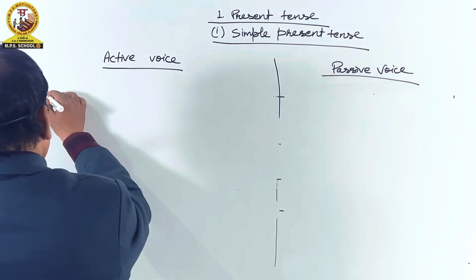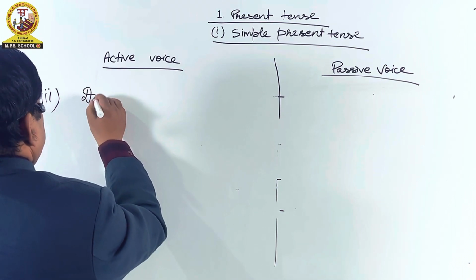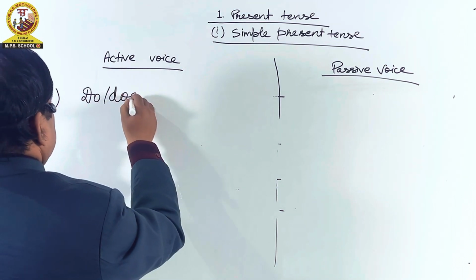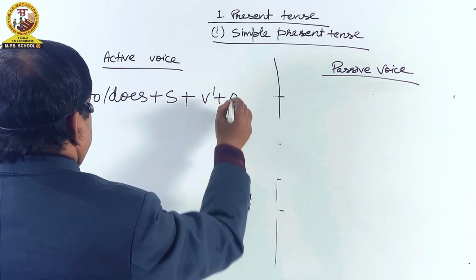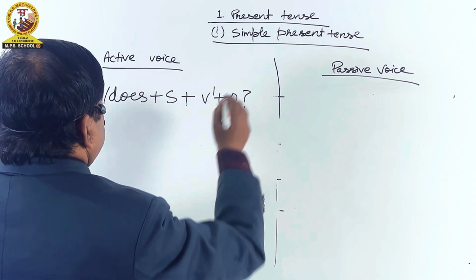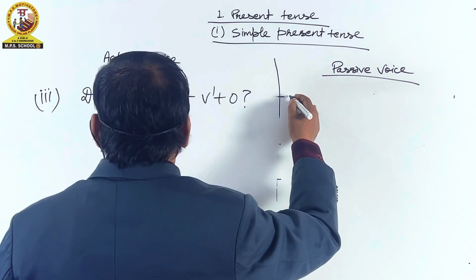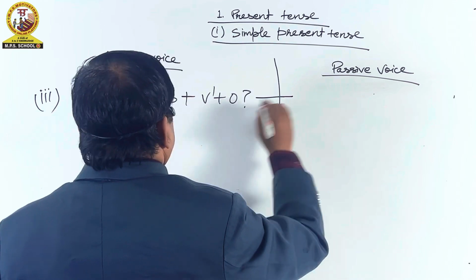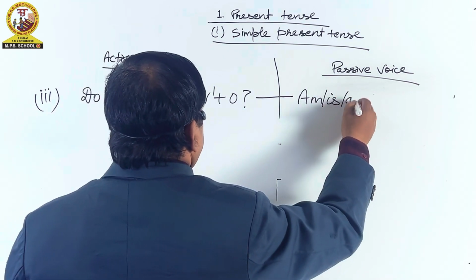The third structure formula in active voice is do/does plus subject plus v1 plus object, question mark. In passive voice we will use am/is/are as the helping verb.